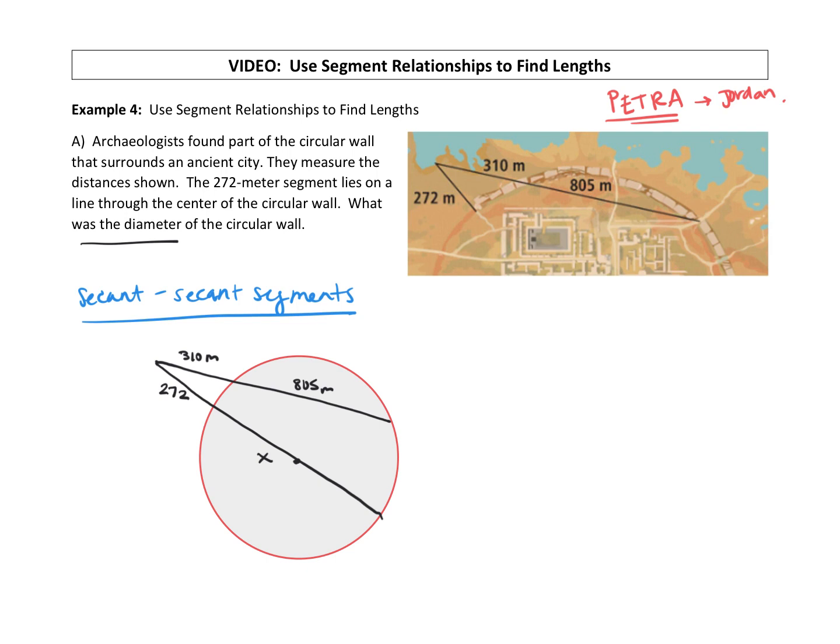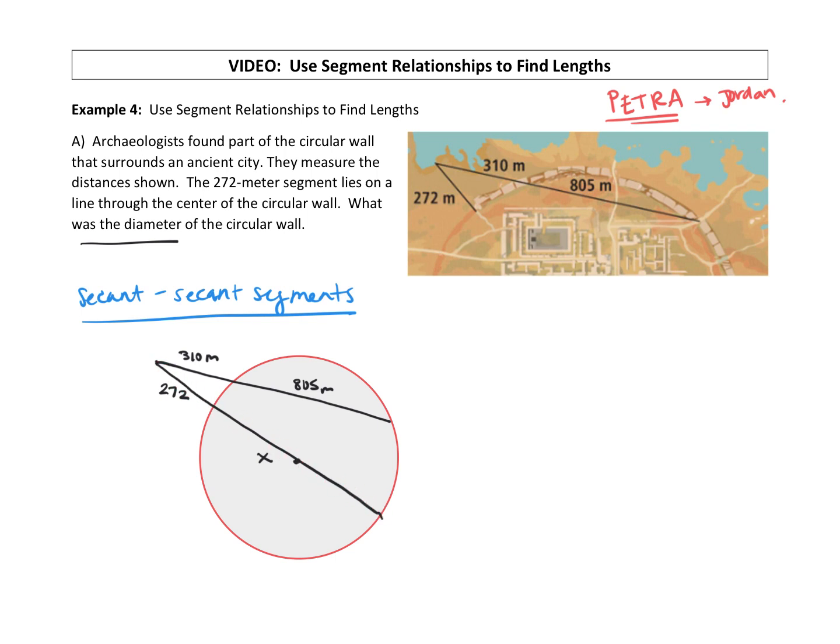All right, so what we saw in our last video with the theorems, the product of, so here's the point where they meet out here. The product of, from this point to the circle, 310, times from this point to the other edge of the circle, times that whole segment, is equal to the other secant from here to the circle, 272, times the whole segment, 272 plus x.